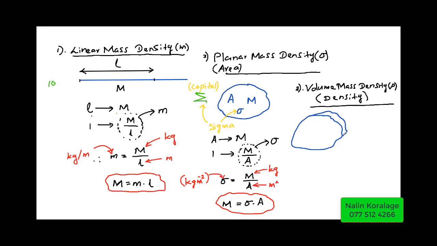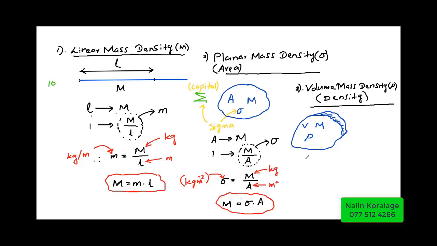So let's say it's something like this, just like a log, something like that. Then the volume of that object is going to be V, the mass of that object is going to be capital M, and the volume density is going to be rho. In that case, it's easy.